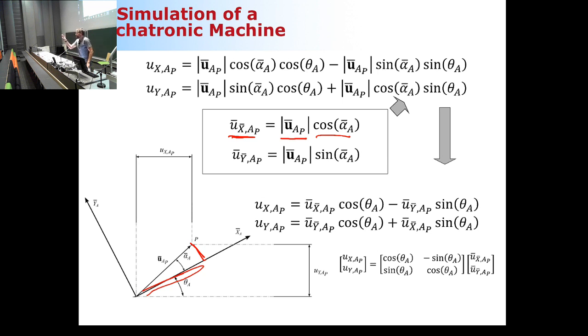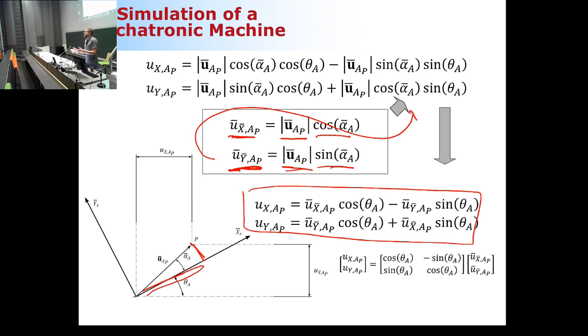And then the same thing for the y projection, the length of vector u bar times sine alpha. Substituting that information into the previous equation, I can express the relation between the vector u bar and vector u, which is its projection to the global coordinate system. Look what I have. Here is the representation of vector u in the global coordinate system, and here is the original vector u bar. Mapping.